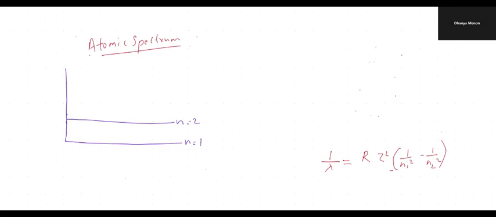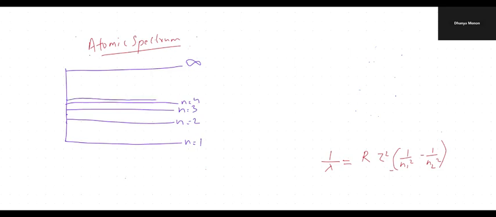The gaps are decreasing, okay? The gaps will decrease. It's like that. n is equal to 4, etc., until n is equal to infinity. Okay. Now, so these gaps will reduce. So as you move up, you studied that the energy is increasing, right? So as you are moving up, the energy of the orbits are increasing.